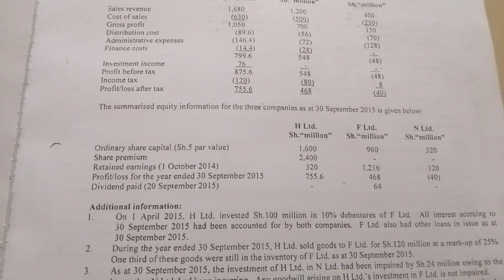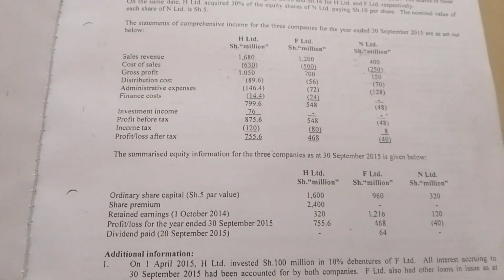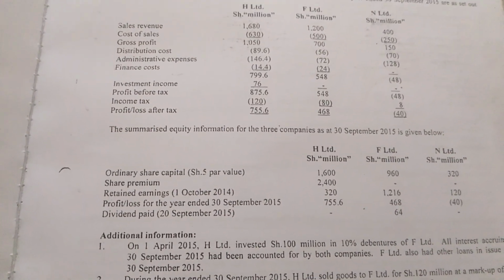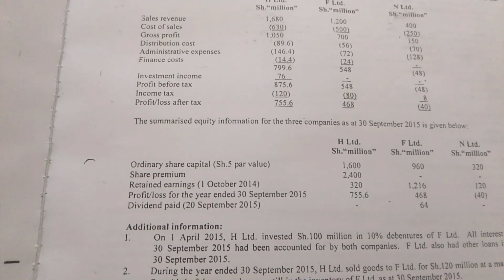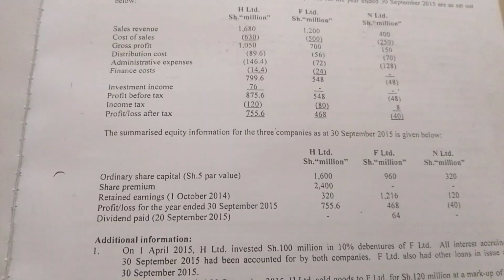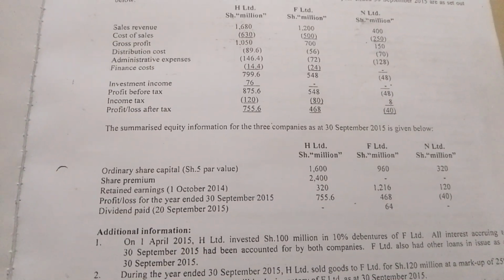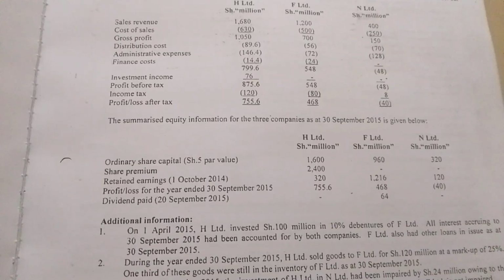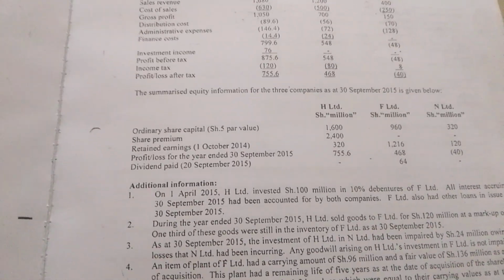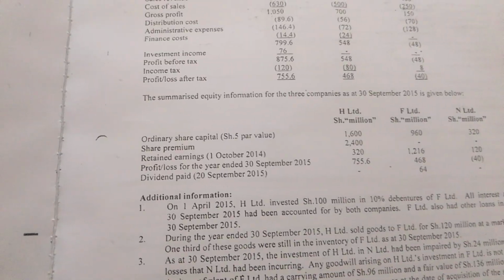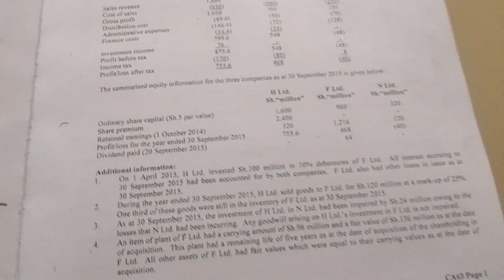Okay, you have sales there. We have cost of sales, gross profit, distribution costs, administrative expenses, finance costs, then investment income, profit before tax, income tax, profit and loss after tax. So those were the statements of comprehensive income for the three companies.